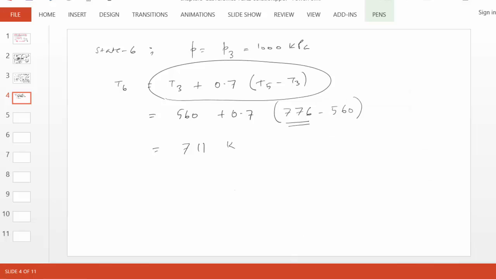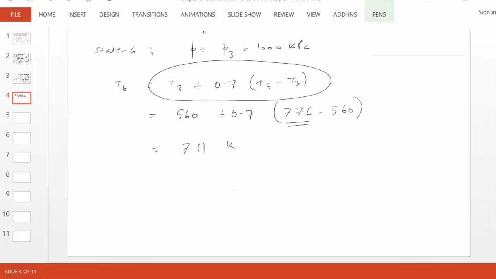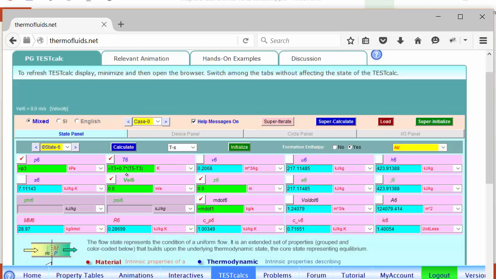In fact, indeed, what we did wrong, if you notice, T3 is not 560, it is 590. Had we put the correct value here, T6 would have been 720.6.